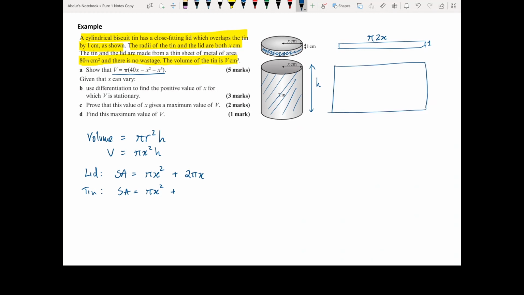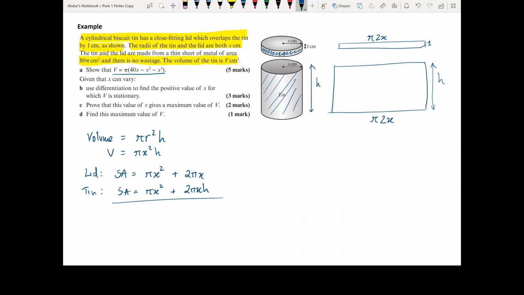It forms a rectangle, and the length of that rectangle is the circumference, which again is pi times diameter, and the height is obviously h. So the area of this curved surface area is 2 pi xh. Now the total surface area is 80 pi centimeter squared.